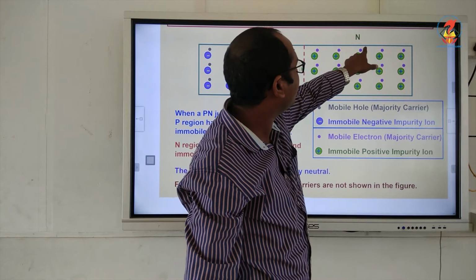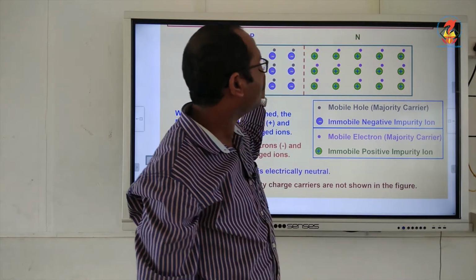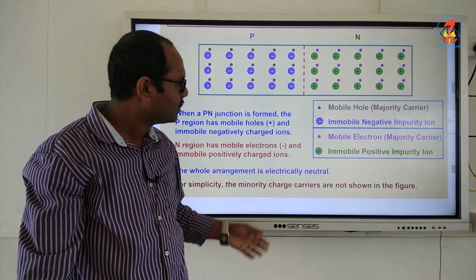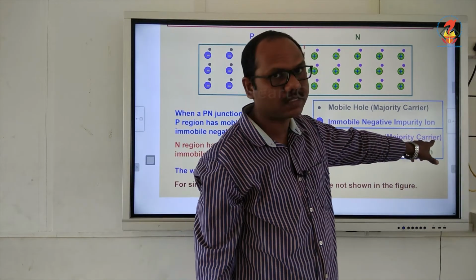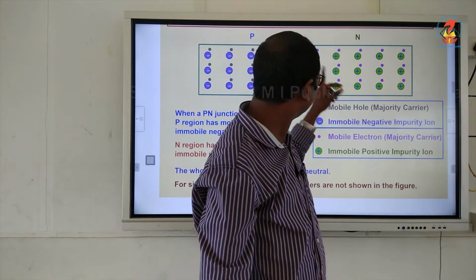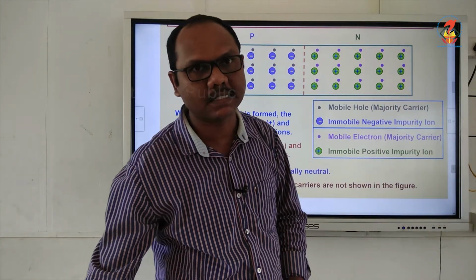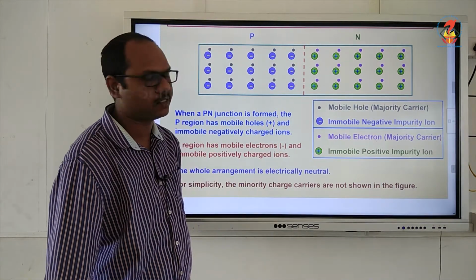Whereas electrons, which I have put as violet colored dots, can move freely, they are mobile. So, mobile electrons are there because electrons are the majority carriers. On the P side there are mobile holes because holes are the majority carriers. And this line is called the junction.